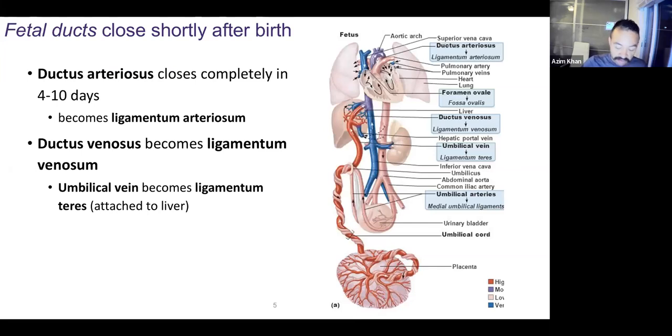Those ducts, the ductus arteriosus and ductus venosus, close soon after birth, about 4 to 10 days. Ductus venosus, again, is that passageway from the umbilical vein to the inferior vena cava, which is not labeled. I'll label it.